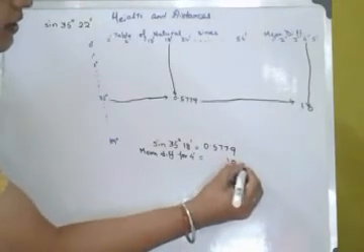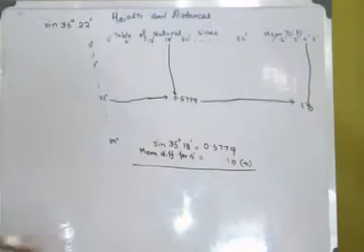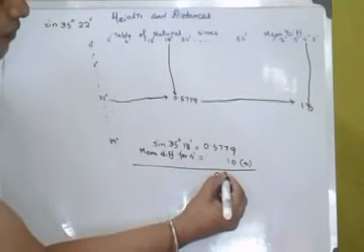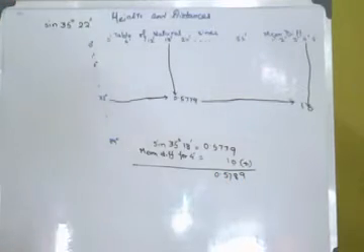So write 10 here. Now add these two. So the value is 5, 7, 8, 9.